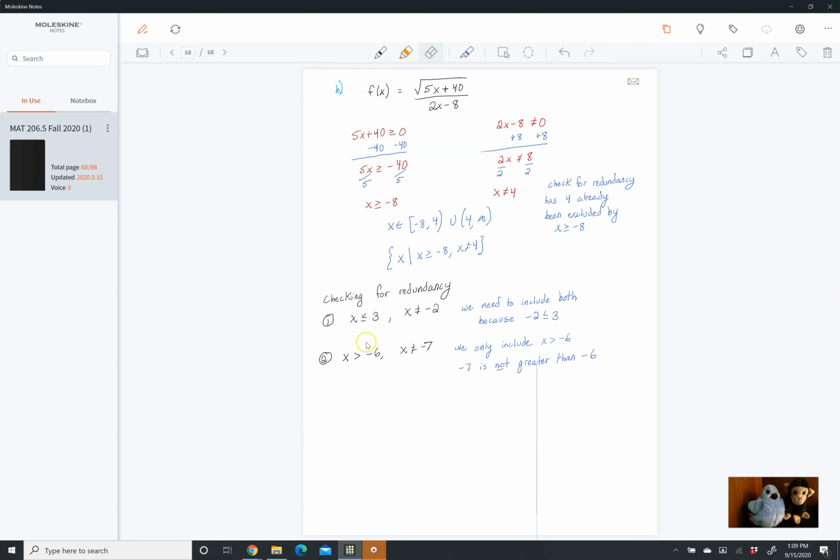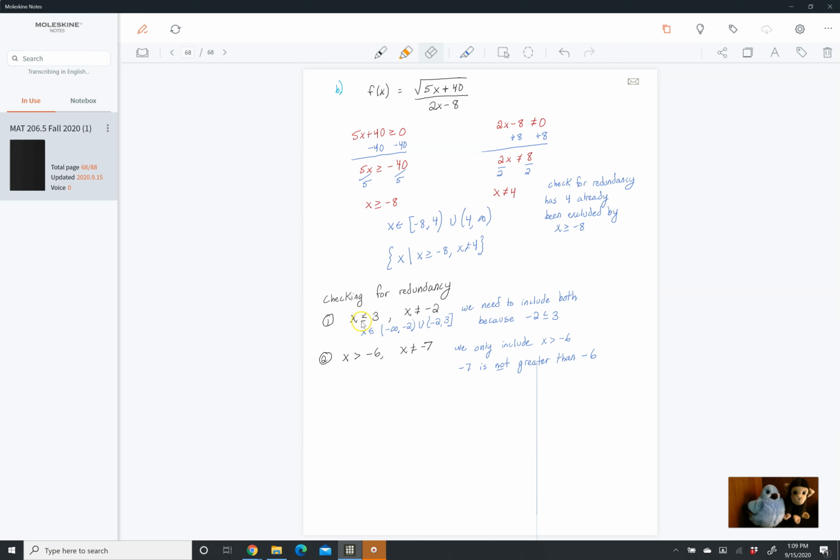And just for the interval notation of the first one, we have to include both. So we're going from -infinity, because we're less than 3, to -2. Then we jump over the -2, and we go up to 3.